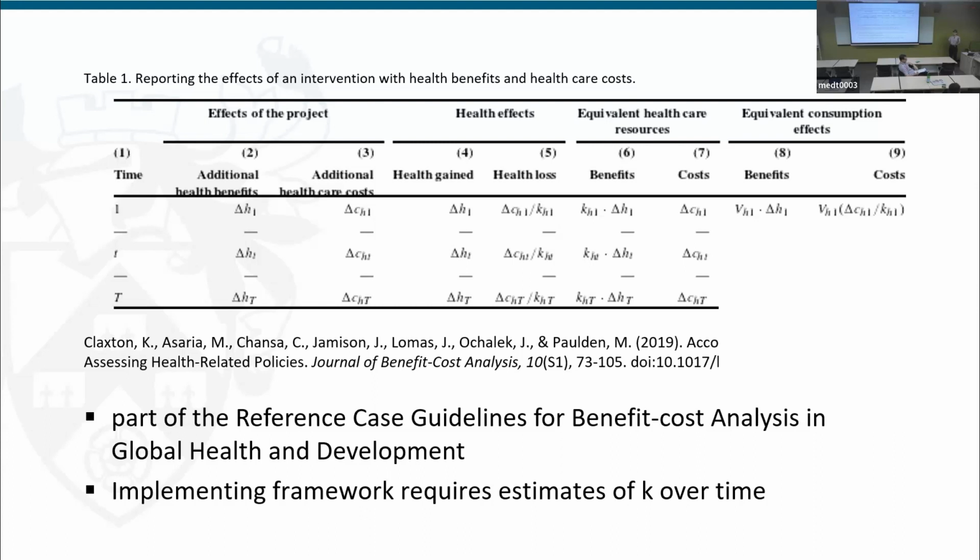So instead of discounting health benefits down to their present value and discounting costs down to their present value, calculating an ICER, what it's recommending is to calculate net health benefit in each individual year in which there are costs and benefits occurring, and then to discount that net health benefit to the present value using the social time preference rate for health. But to implement this framework requires estimates of K, or opportunity costs, over time for all future years.